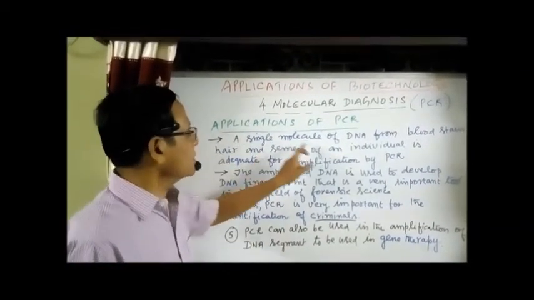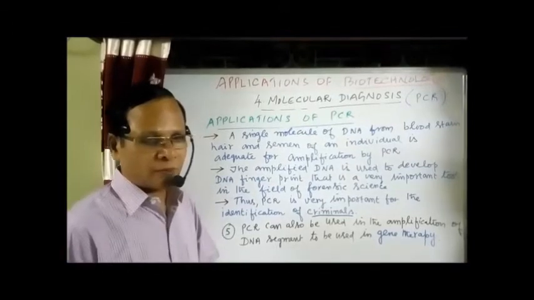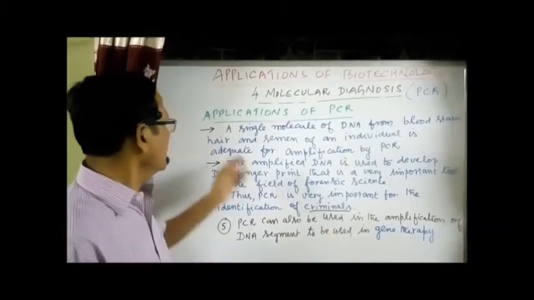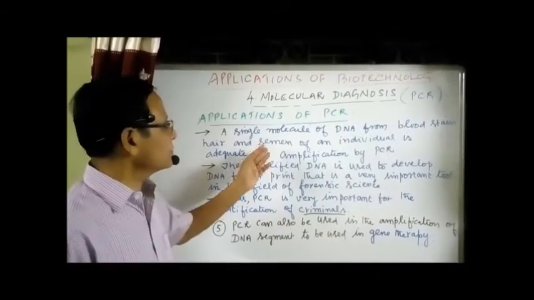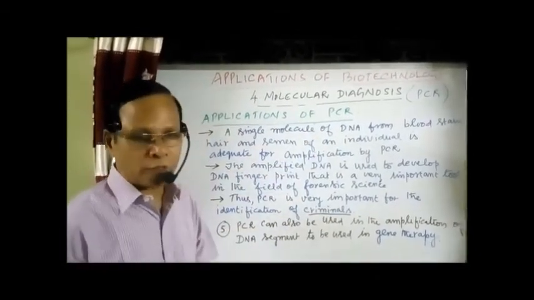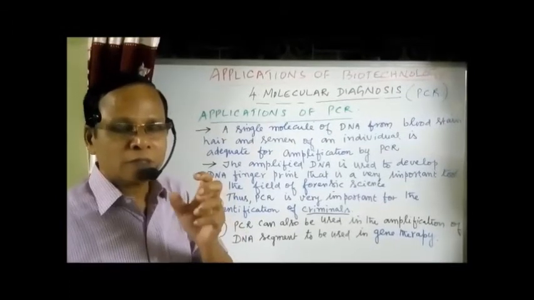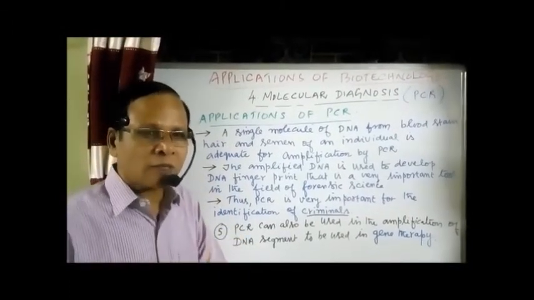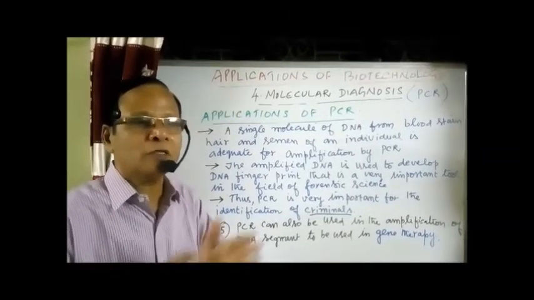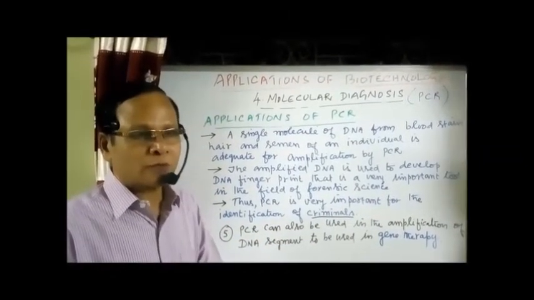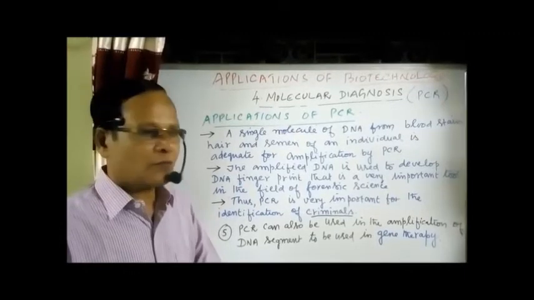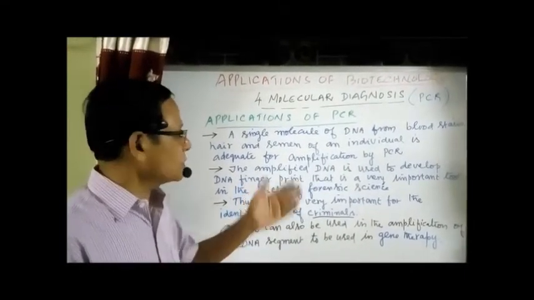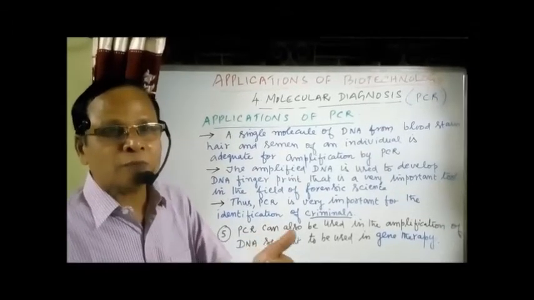A single molecule of DNA is enough from any source, for example from a blood stain, hair, or the semen of an individual, for amplification of DNA by PCR. One single DNA molecule can be multiplied to form billions of copies to identify the criminals in forensic science. Now the amplified DNA is used to develop the DNA fingerprint.